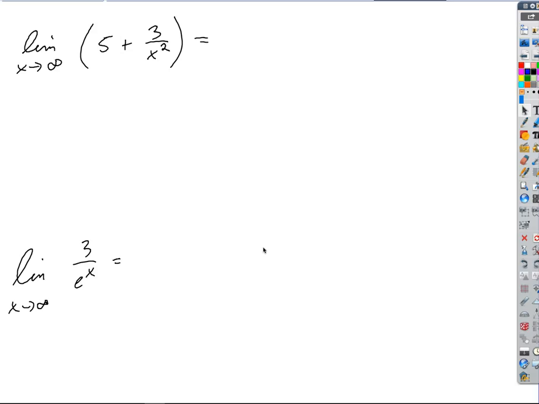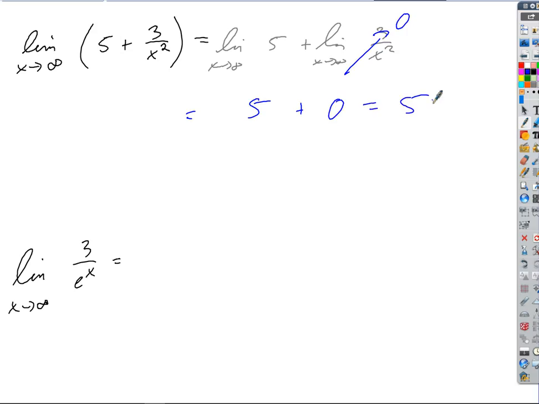We don't have to write this out necessarily, but this really becomes the limit of 5 plus the limit of 3 over x squared. What's the limit of 5? 5. And then how about this guy? As x goes to infinity, 3 over x squared goes to 0. So we just get 5.